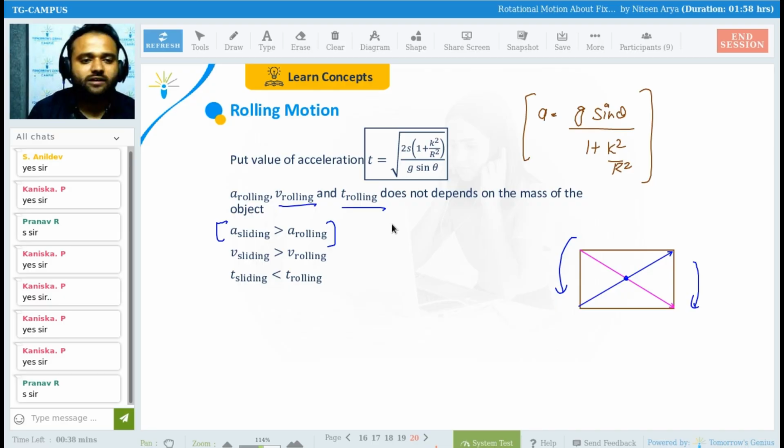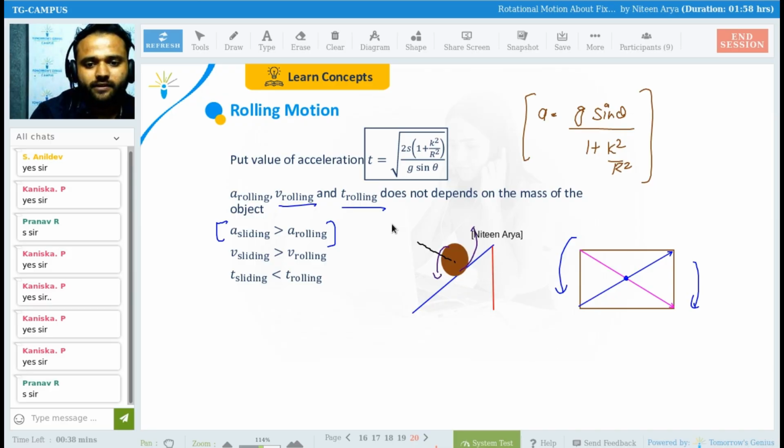I cannot show you, but what does it mean? If it is a plane, from this particular plane, just a minute. If it is a ball, suppose this is the center. Around this particular axis, it is going to rotate in this way and then in this way, and then it is going to translate also.